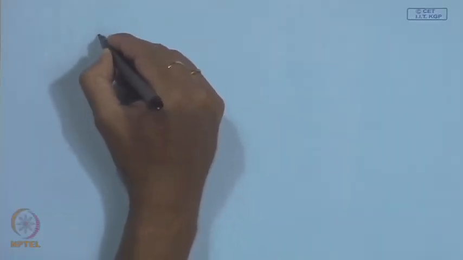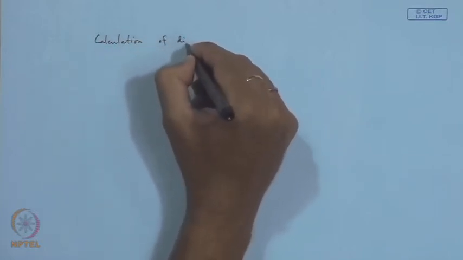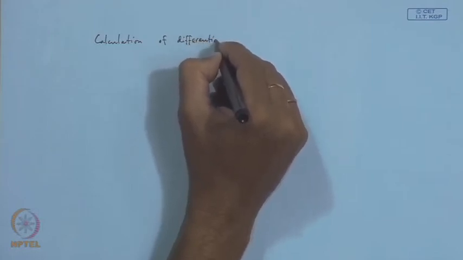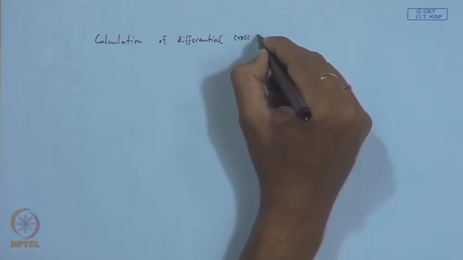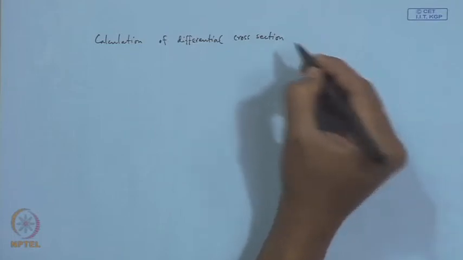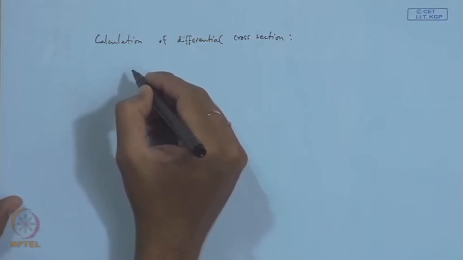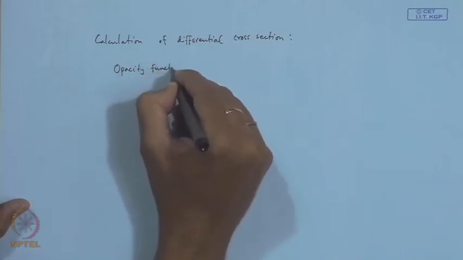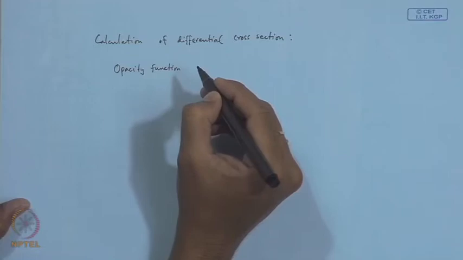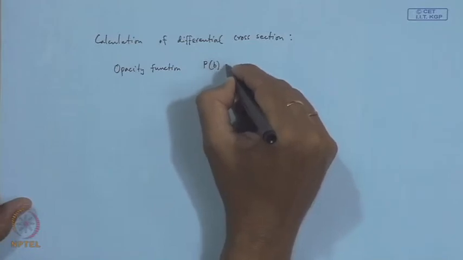In this case, for simplicity, in the calculation of the differential cross section, the reaction probability function, or the opacity function, let us take this opacity function P(b) to be unity.